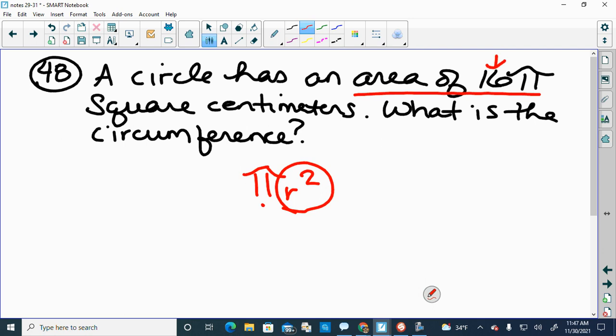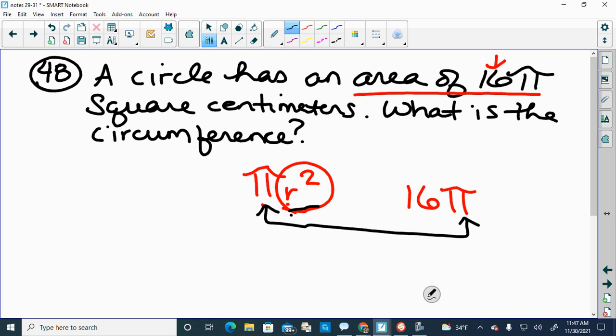So we need to find out what radius is so that we can plug it into the circumference formula. Really the 16 pi, again, the pi is this part. We are solving for this part. So this is really r squared equals 16, and we want to solve for r.